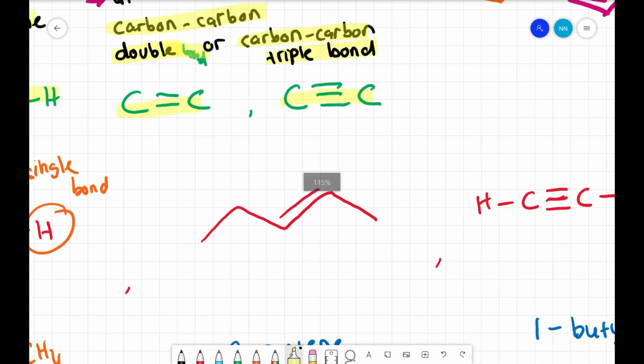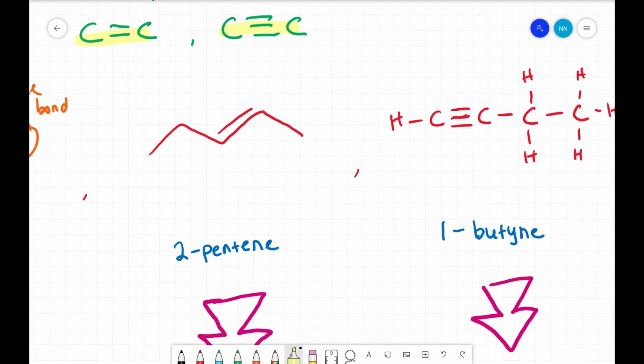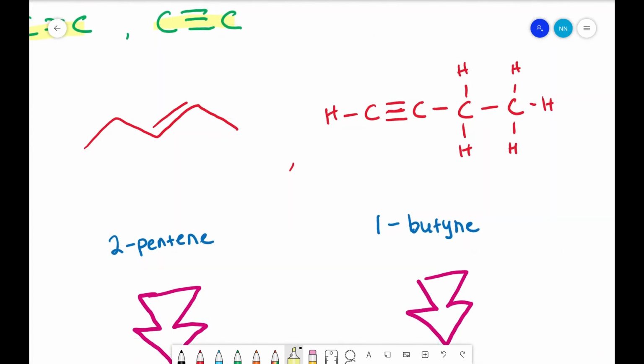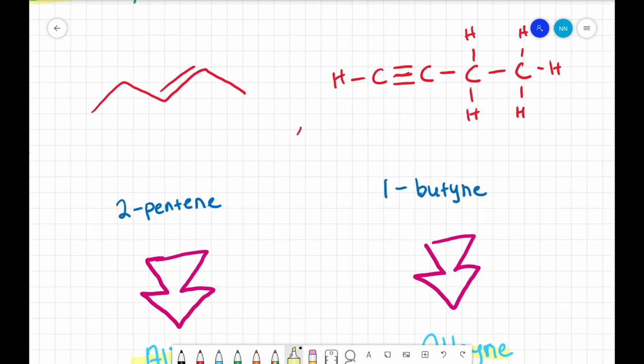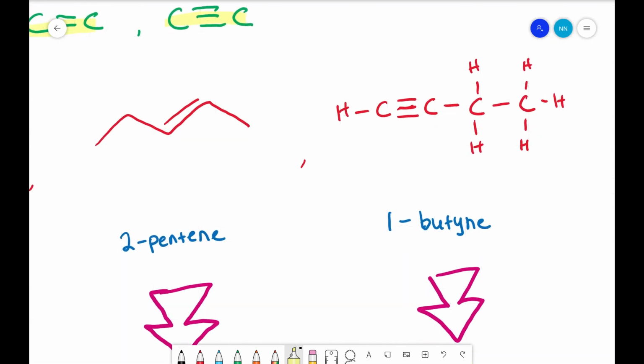The examples that I will show you are 2-pentene and 1-butene, which are from the homologous series of alkene. If it's a double bond, it is an alkene. If it's a triple bond, it's known as alkyne. So 2-pentene, since pentene has 5 carbons, you have one double bond here, so it is an unsaturated hydrocarbon. At least one, if you have one.